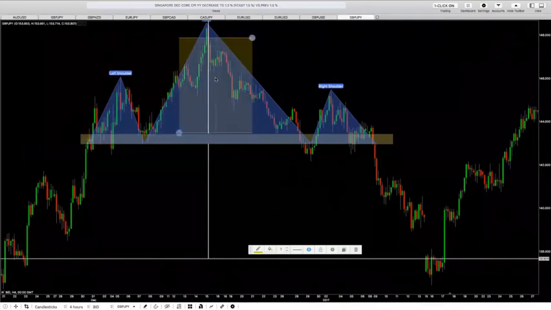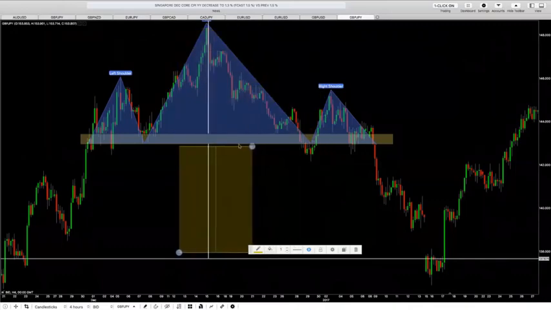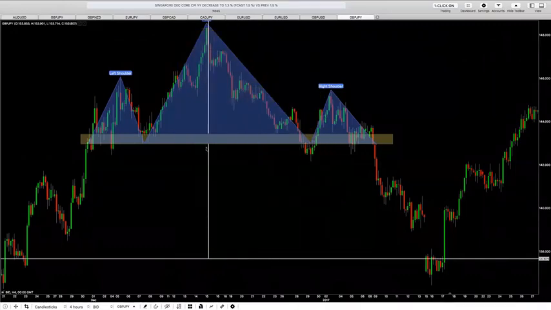Other people typically like to take a price box, so you can also take a price box if you so choose and copy it down. But if you don't like a cluttered chart, you can just copy the vertical line to the bottom and create your support baseline as your take profit level.